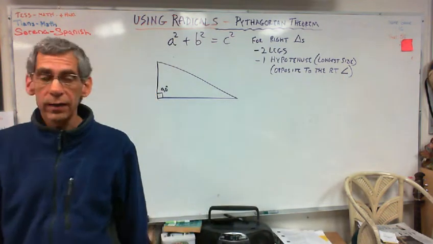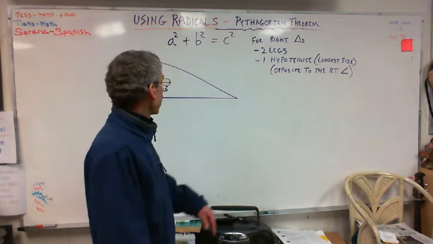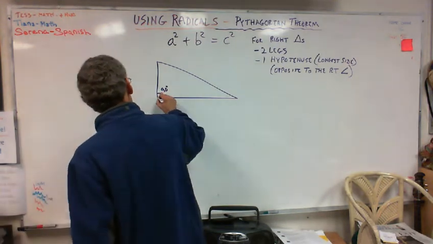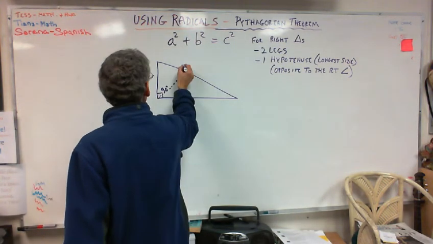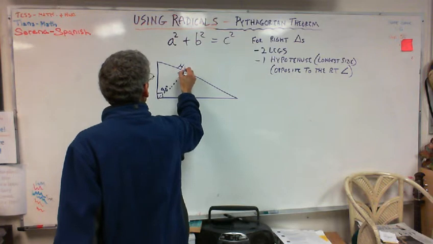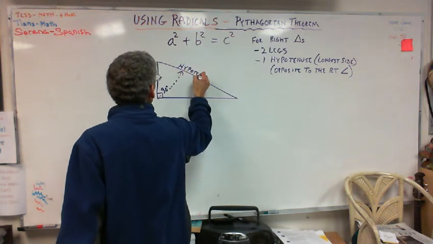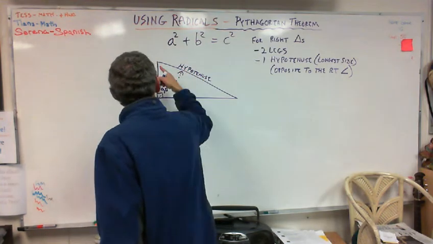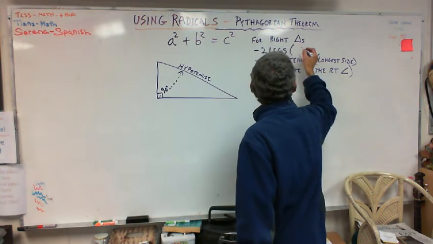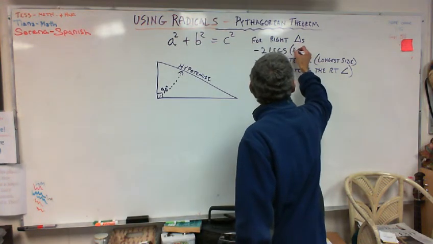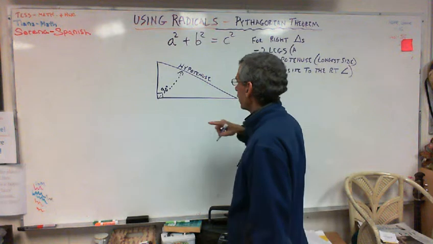So here's the right angle. What's opposite the right angle? The hypotenuse. There it is, right there. This is my hypotenuse. And my legs are connected by the right angle.